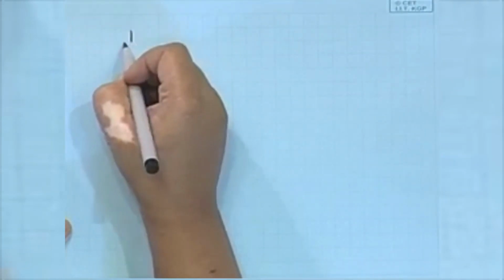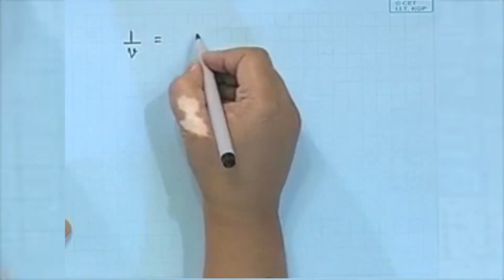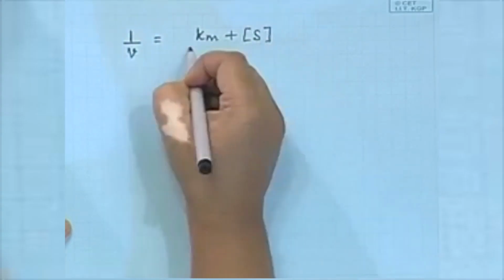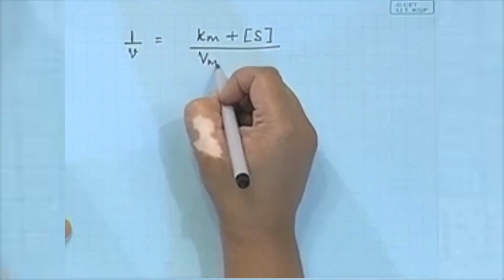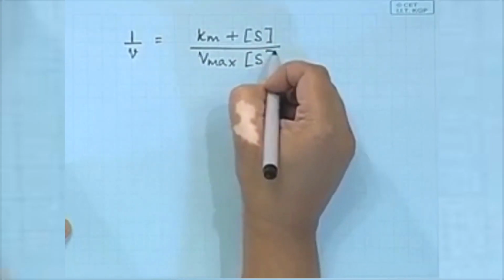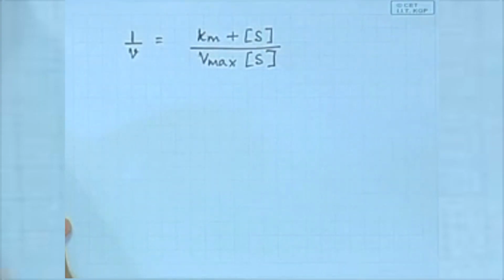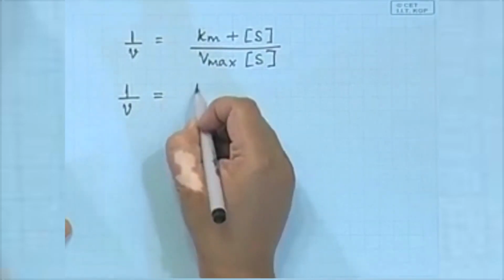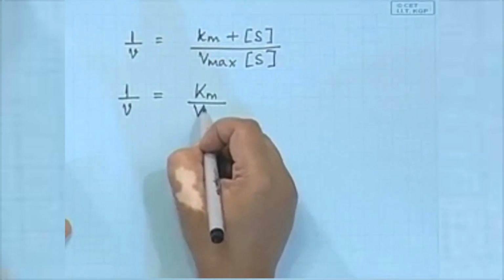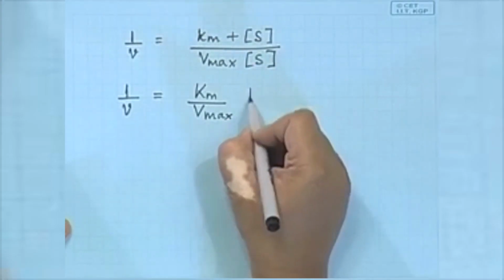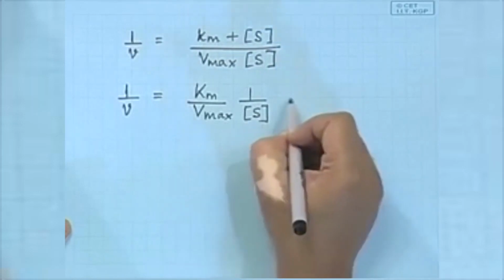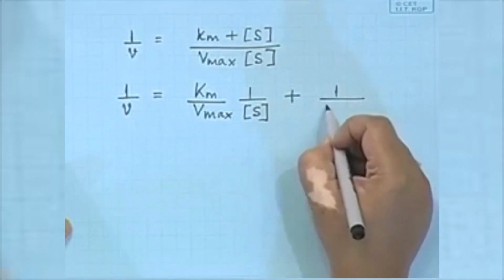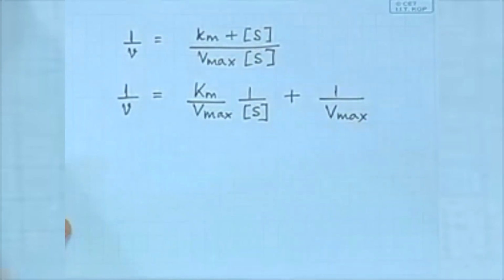I can take 1 by V, that is going to give me Km plus S divided by Vmax S, right? Now if I just separate out these two quantities, what am I going to get here? That is what I get.